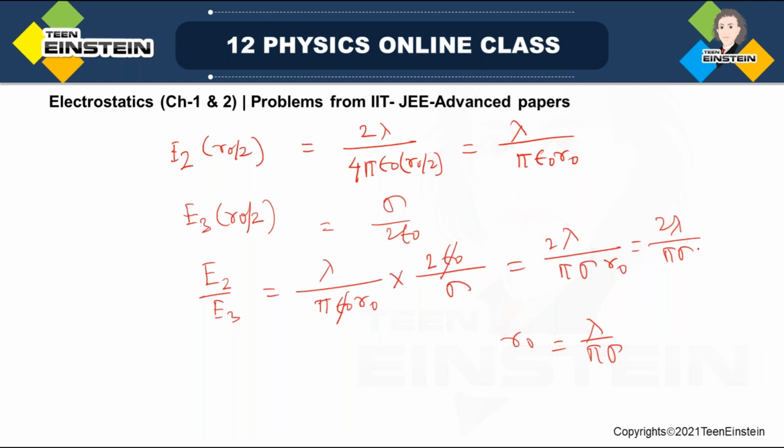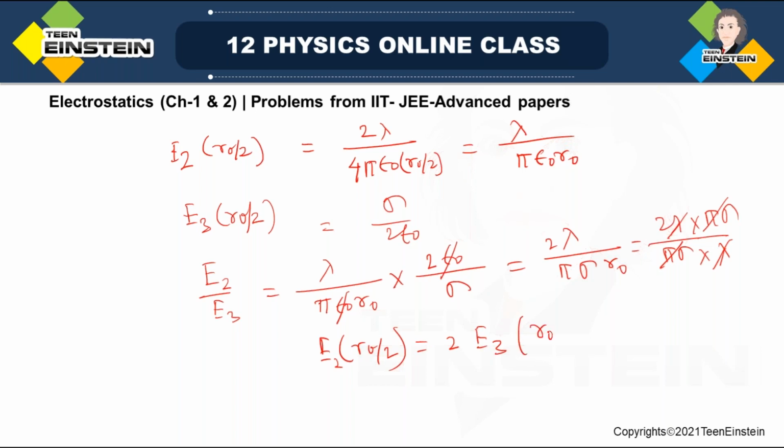So pi sigma cancels, lambda cancels. So E2 at R0 by 2 is equal to 2 into E3 at R0 by 2.